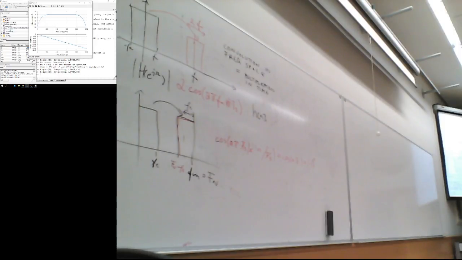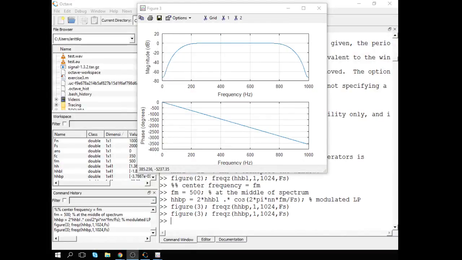So cosine of 0 pi is 1. Cosine of pi or any odd number n would be minus 1. 1, minus 1, 1, minus 1. Good. So again, let's take a closer look at what it looks like.